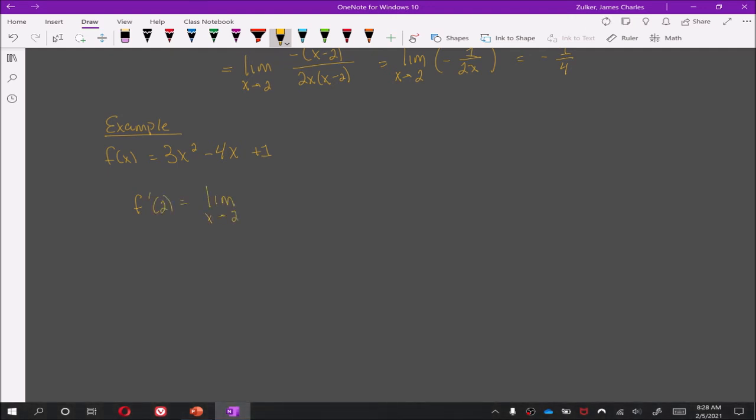So that's the limit as x approaches 2, f of x minus f of 2 over x minus 2. So we're still going to have that 3x squared minus 4x. Alright, 12 minus 8 is 4, plus 1 is 5, 1 minus 5 is a negative 4.